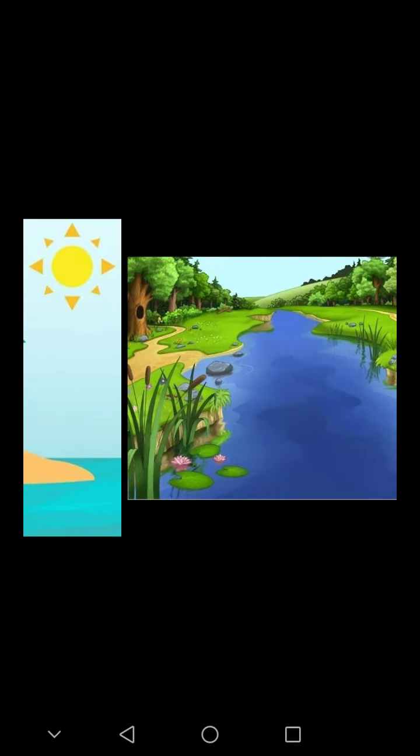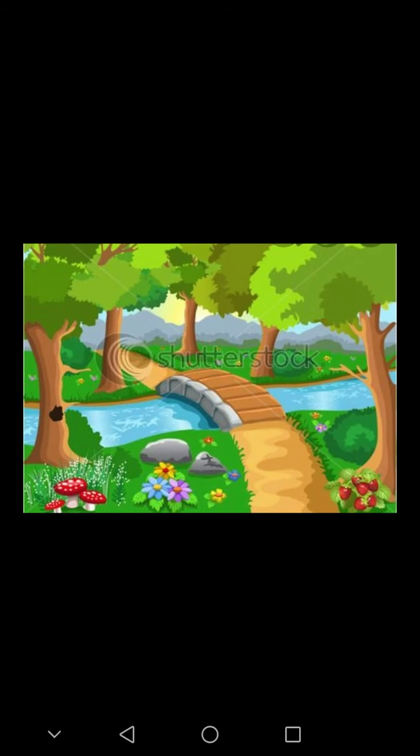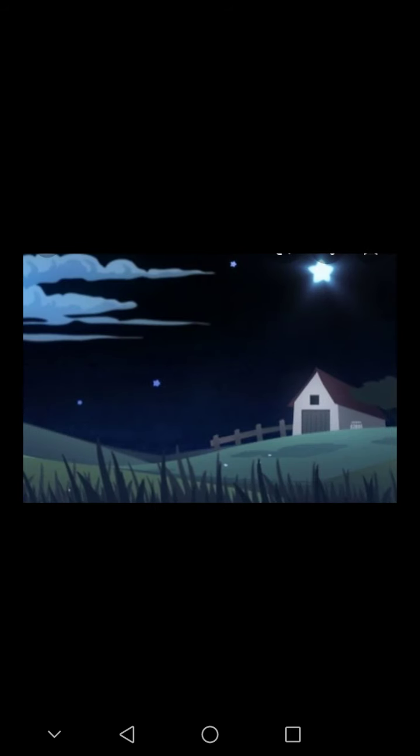Also, setting can mean the time. So this is day. You see the sun is up. That means this is a day. Or it can be at night. So all these elements are what we need to build our story.